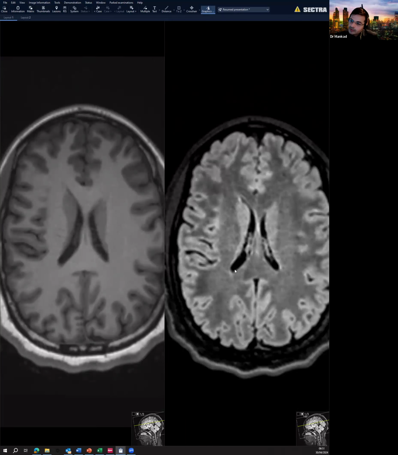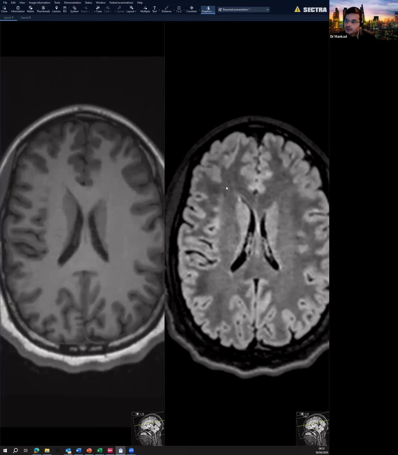Now, mind you, the flare is also like the T2 because the white matter is dark. Okay, the white matter is dark on a flare sequence. The flare sequence, which stands for fluid attenuated inversion recovery, is the strongest sequence that gives you information about the degree and the extent of pathology in the brain because it really brings out the contrast between the gray and white matter structures.